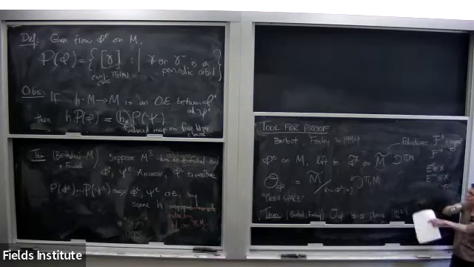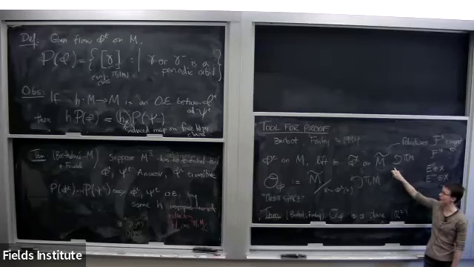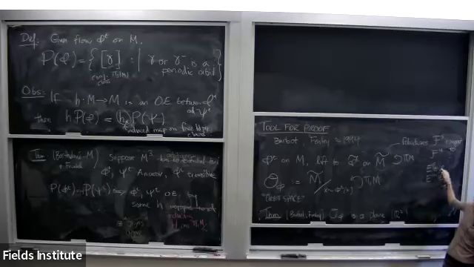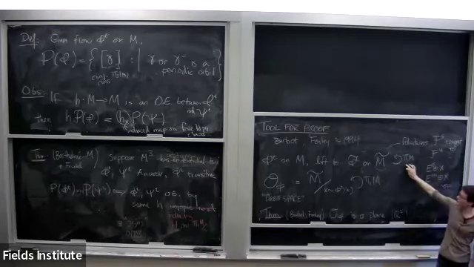So these are two-dimensional foliations on my three-dimensional manifold. These all came from data downstairs on my compact manifold.